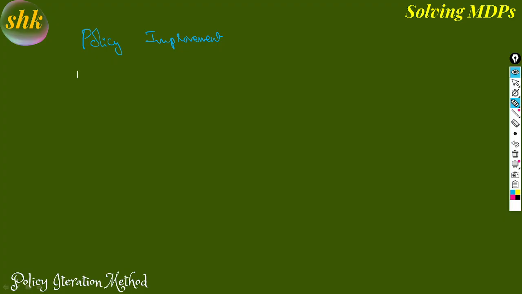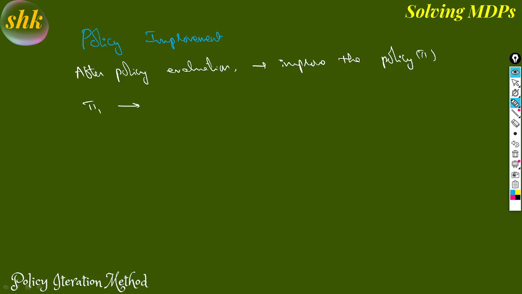So after policy evaluation, we need to improve the policy. For a particular policy pi, we are going to calculate v pi 1. Initially we will start with a particular policy pi 1. We are going to evaluate the value function for the policy pi 1.